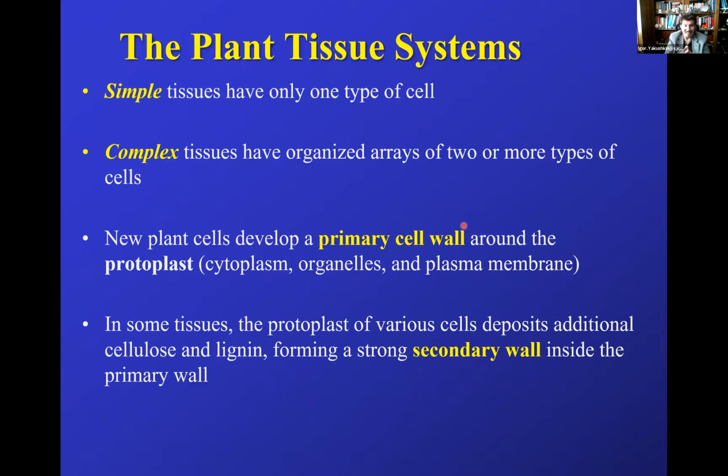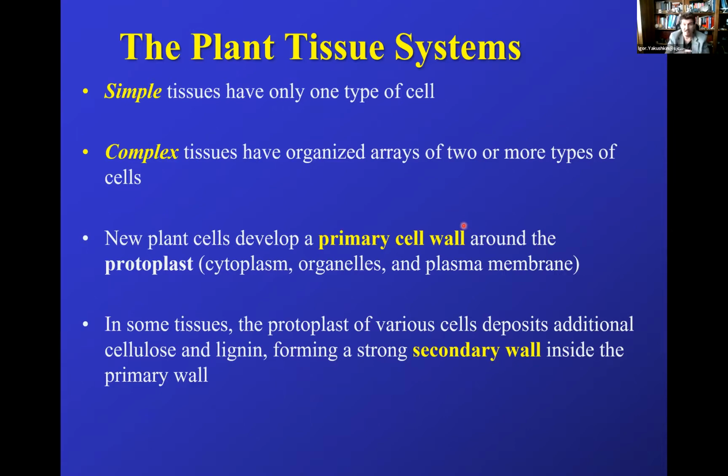In many cases, the plants will produce something which is known as the secondary wall. So we have a plasma membrane or cell membrane and the primary wall. All of the plant cells have that. But occasionally there will be deposits of something in between the cell membrane and the primary cell wall, and that one is known as a secondary cell wall.